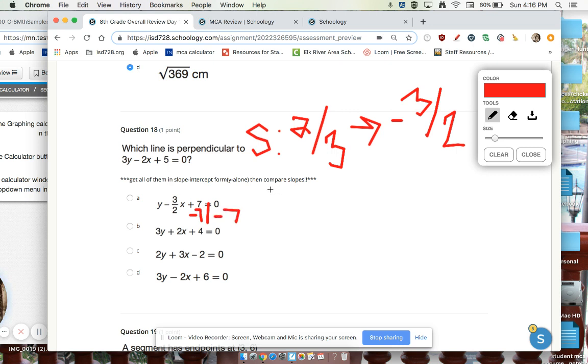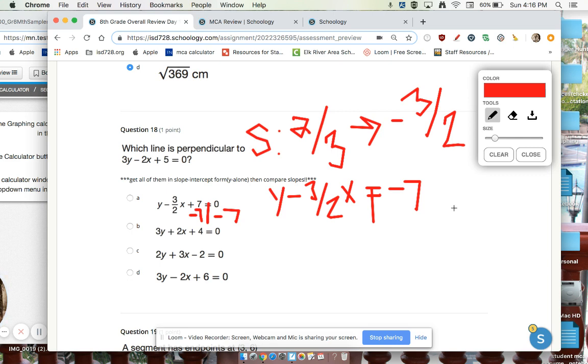And then I have y minus 3/2 x is negative 7. And then I'm going to add 3/2 x to both sides and smush it in front of the negative 7. And then when you add 3/2 x, it will be y equals 3/2 x minus 7.